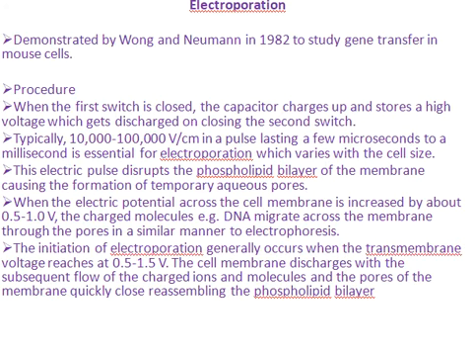Okay. First of all, electroporation. It was demonstrated by von Neumann in 1982. It's one of the methods for gene transfer. Initially it was developed to transfer genes into mouse cells.